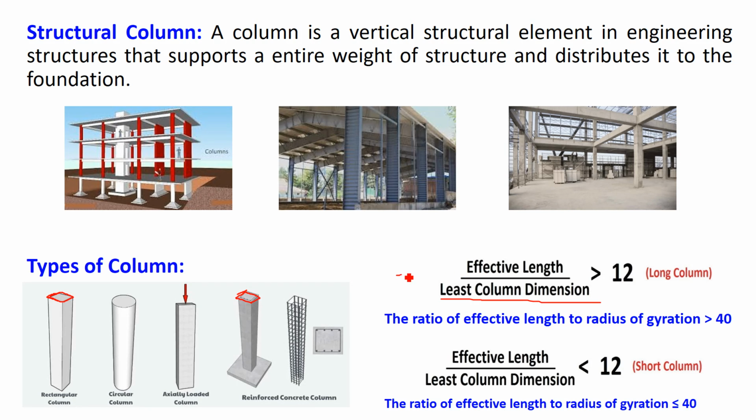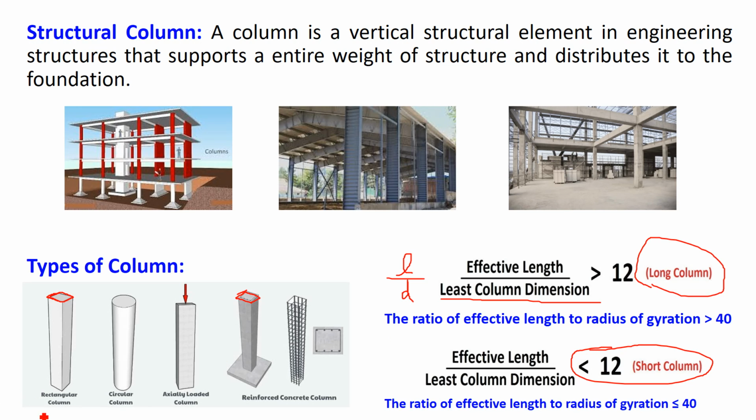In the cross-sectional dimensions, whichever is small, width or depth, the smaller dimension is called the least column dimension. So now if you take the ratio of the effective length of the column to the least lateral dimension, if this ratio is greater than 12, then it is called a long column. And if the ratio of effective length of the column to its least lateral dimension is less than 12, it is called a short column. When this ratio is greater than 12, it is a long column, less than 12, it is a short column.